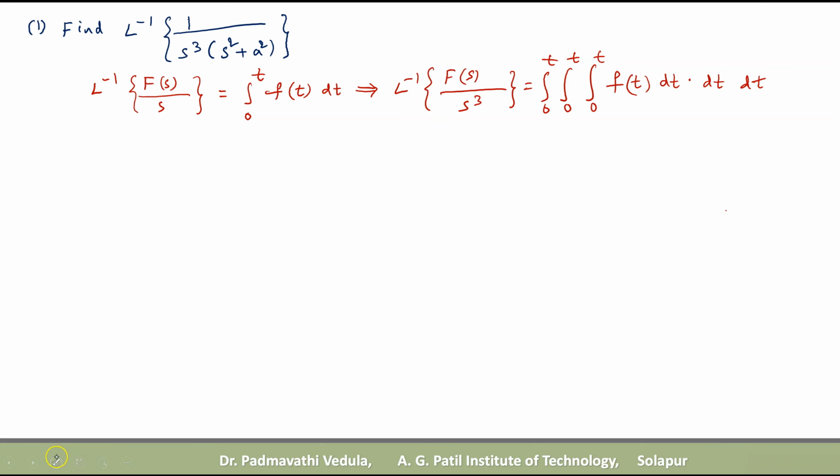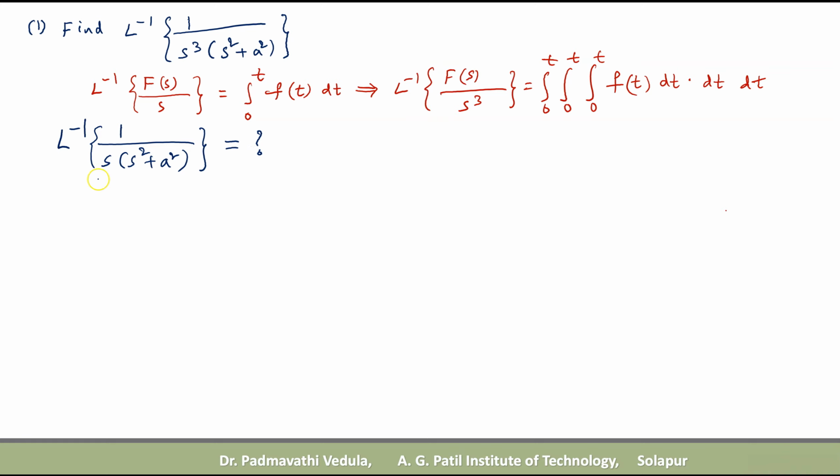Okay, so let us consider here f of s. Let us consider L inverse of 1 by s into s square plus a square first. First let us find this one.